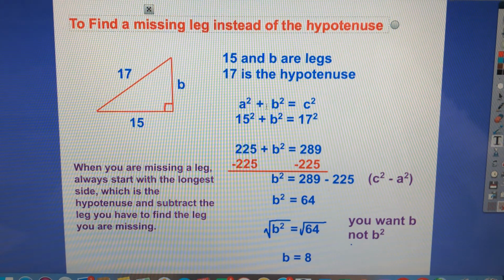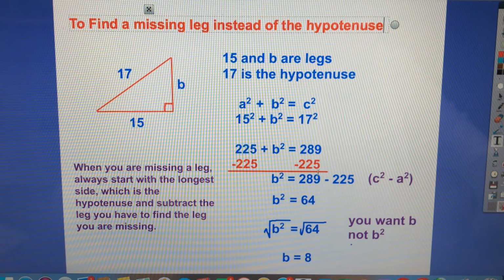So another way to see it, a squared plus b squared equals c squared. I replaced a with 15 squared. I don't know b. I know the hypotenuse is 17, 17 squared. 225 plus b squared equals 289.